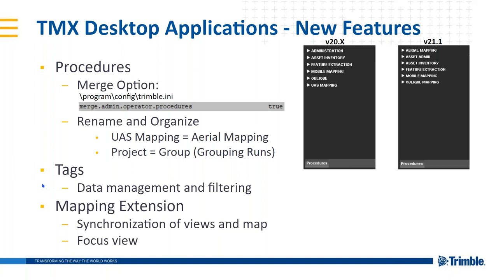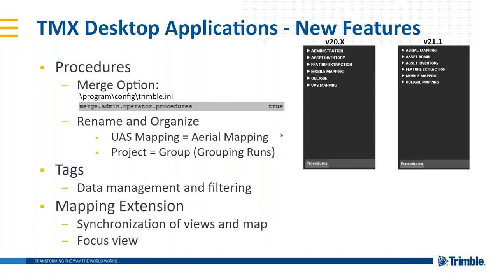And second, it will also be a little bit more concise with some of the features reorganized in a different way. This is called a merge view. You can enable it from the config trimble.ini file that can be found in the program files. And there's an option that you can set either to true or false, depending on your preference.